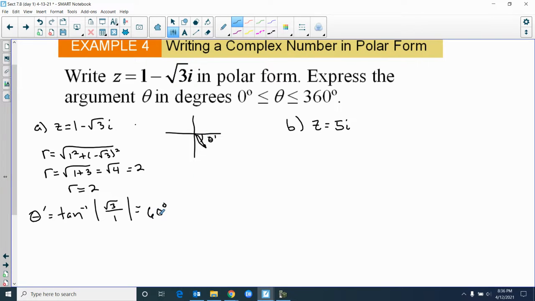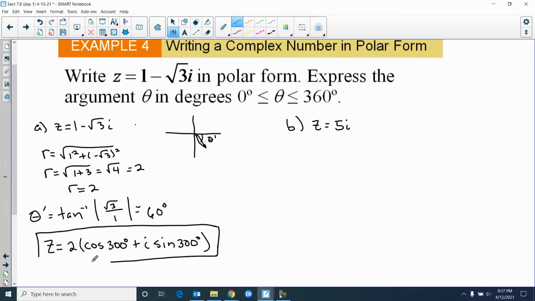Well, that's my reference angle, so the actual angle will be 300, and this is how we're going to write this. Z equals 2 cosine 300 degrees plus I sine of 300. Okay, so there's the polar form of that complex number.